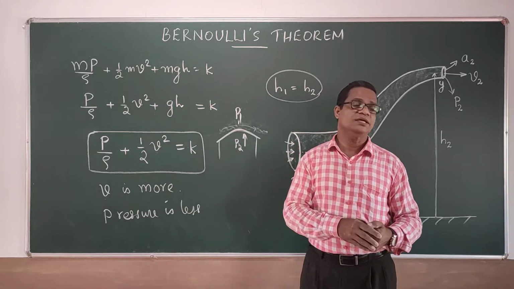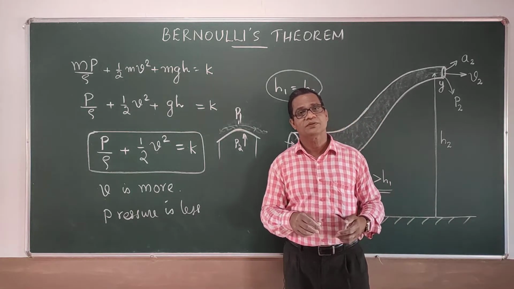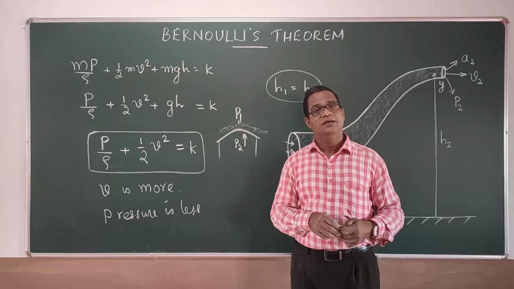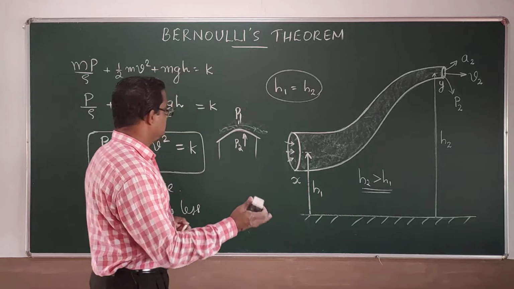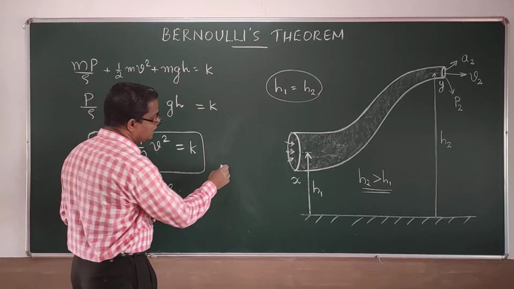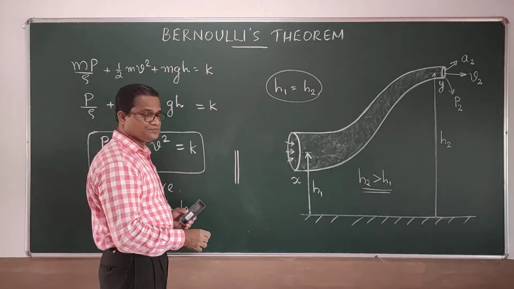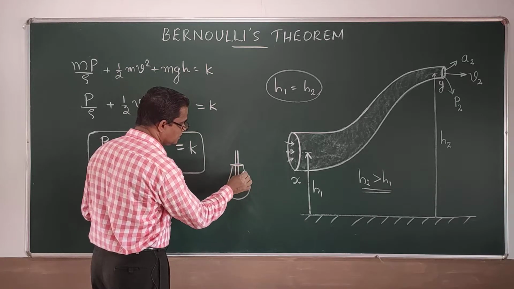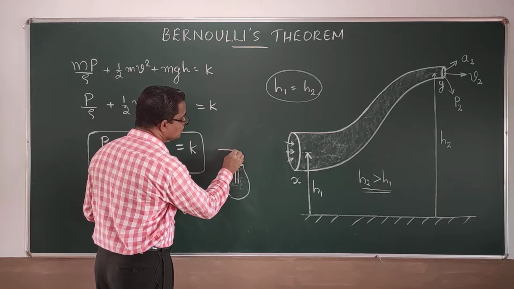The same thing you can see in the case of an atomizer or sprayer. In a sprayer, there is a tube held vertically into the liquid, inside the liquid, and there is a horizontal tube.